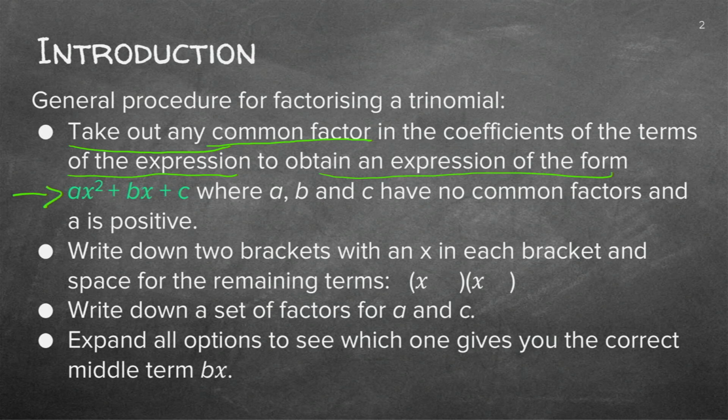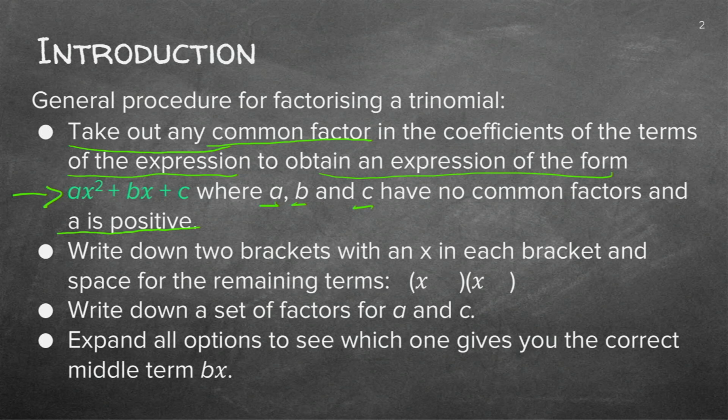This is always the general expression that we use for trinomials, where a, b, c don't have any common factors left, because we would have removed all the common factors, and also a must remain positive all the time. So the value of a, we need to ensure that is always positive.